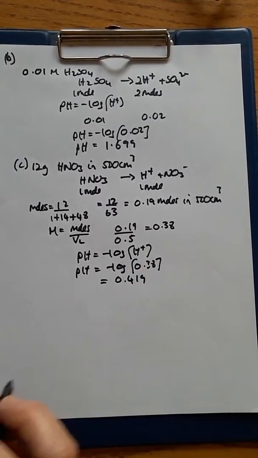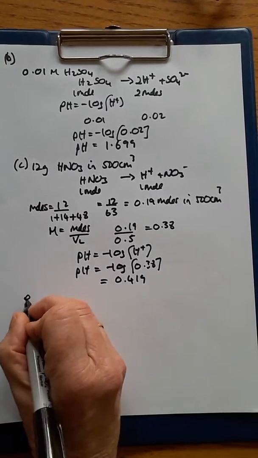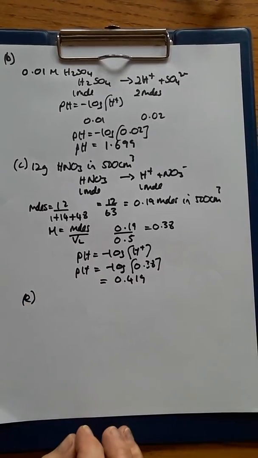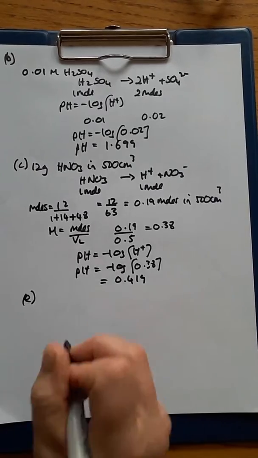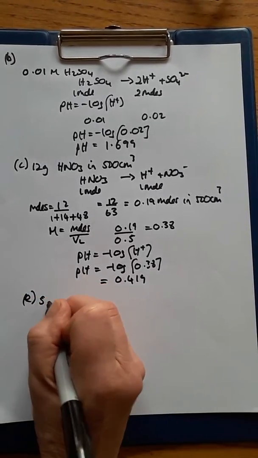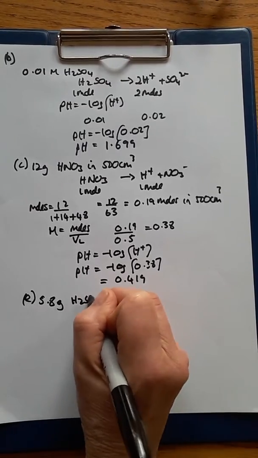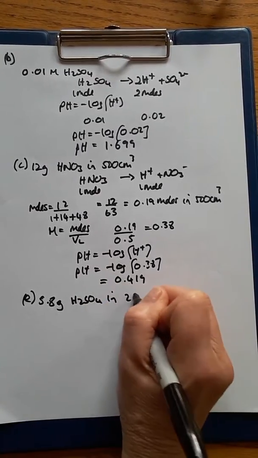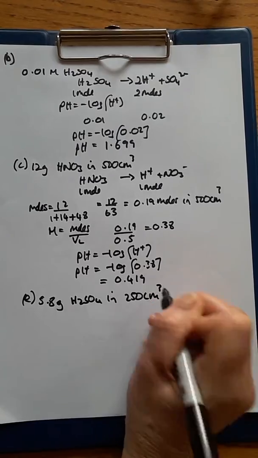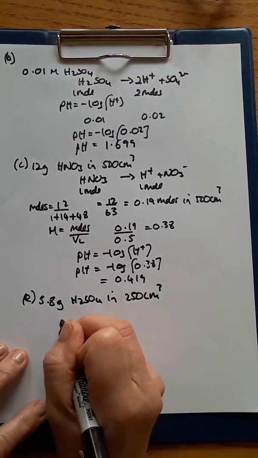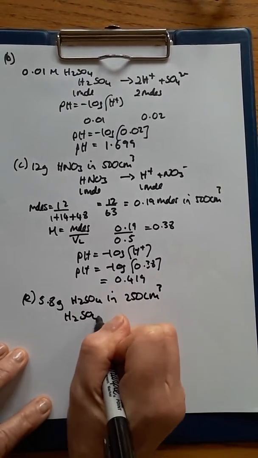Now I'm going to look at part E, which says find the pH of a solution that contains 5.8 grams of sulfuric acid in 250 centimetres cubed. Step 1, write the dissociation equation.